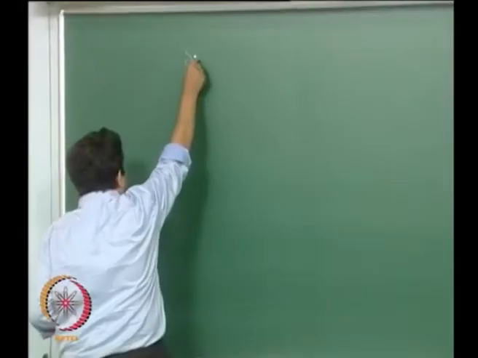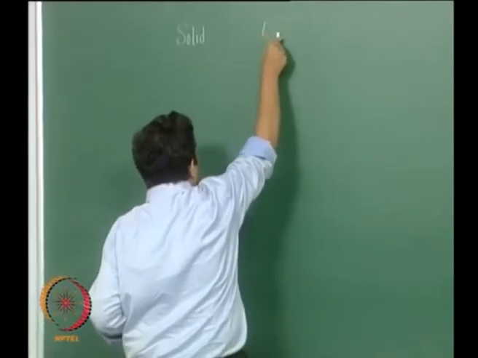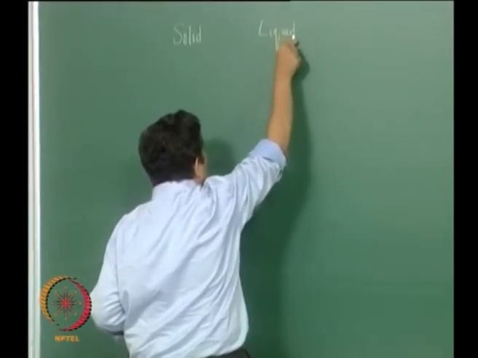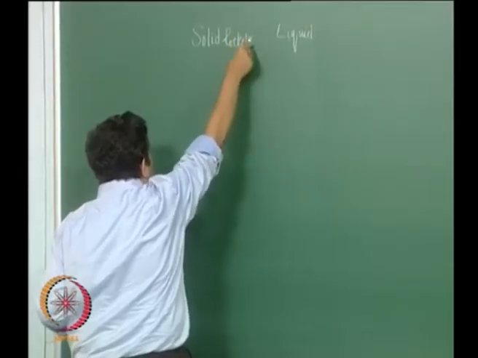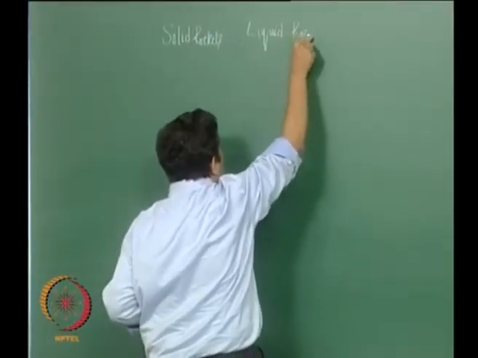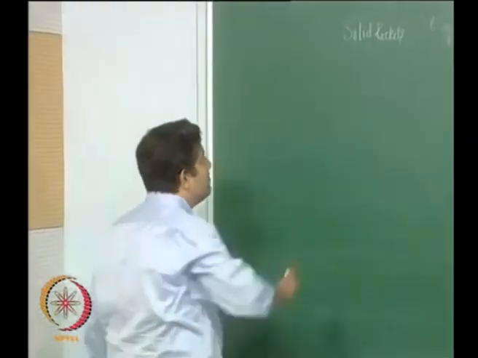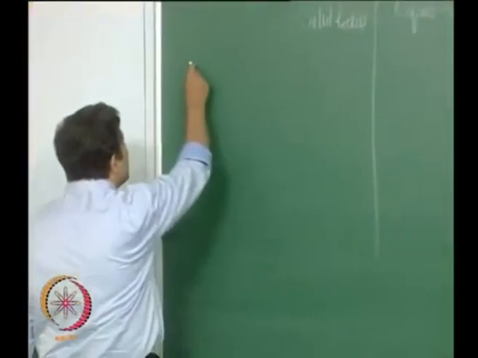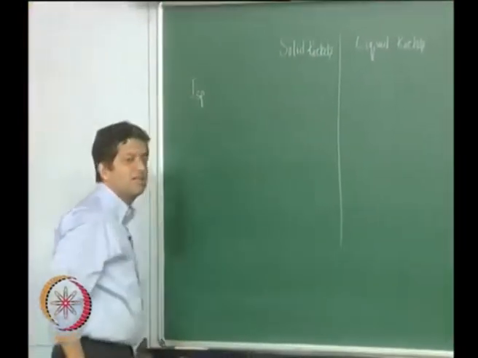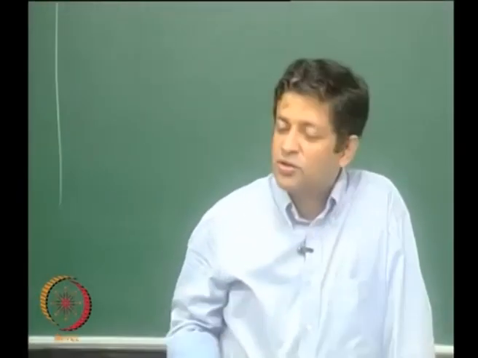So if we take one of the key features that is different between a solid rocket and a liquid rocket, if you look at the performance, that is the ISP of solid rockets, it varies between something like 2200 to 2600, right?